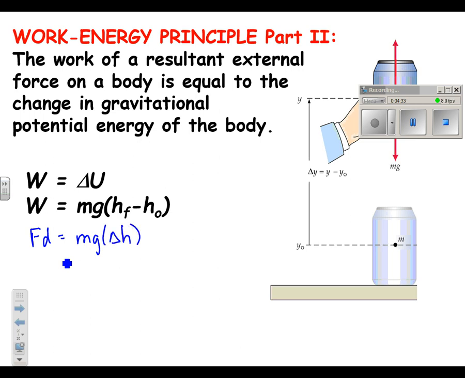We can also look at it as mass times gravity times distance equals mg delta h.